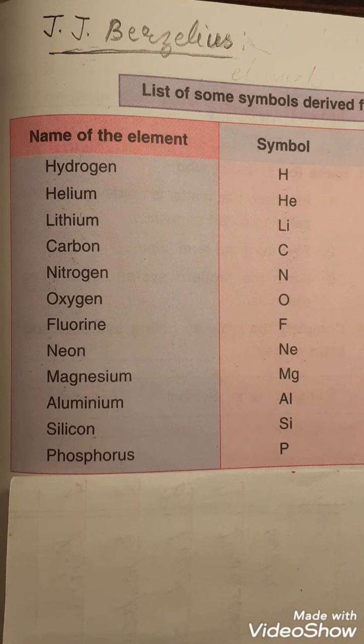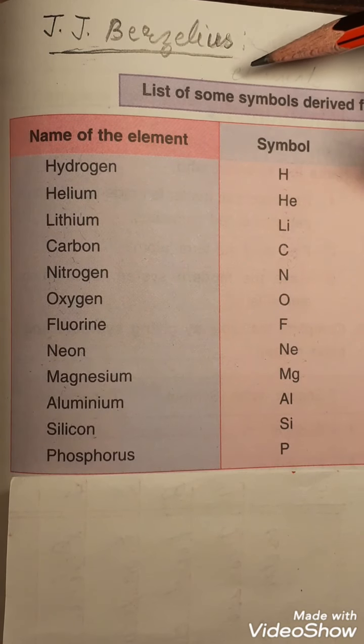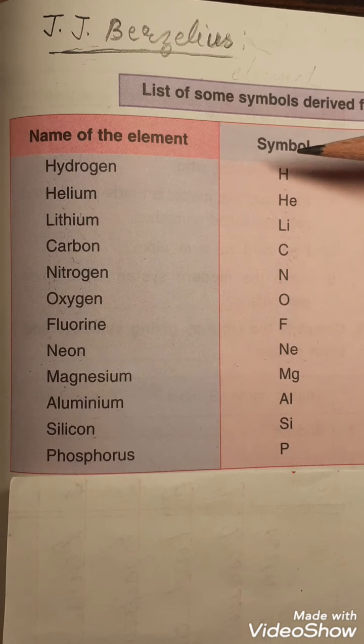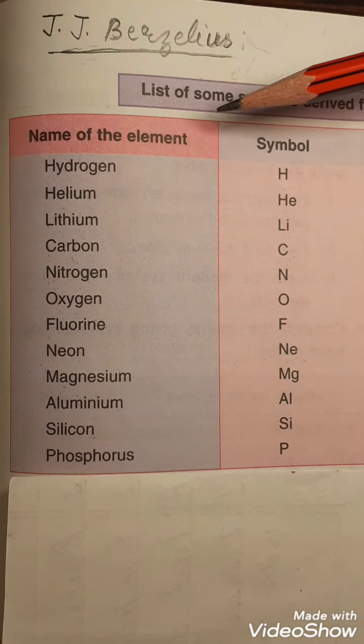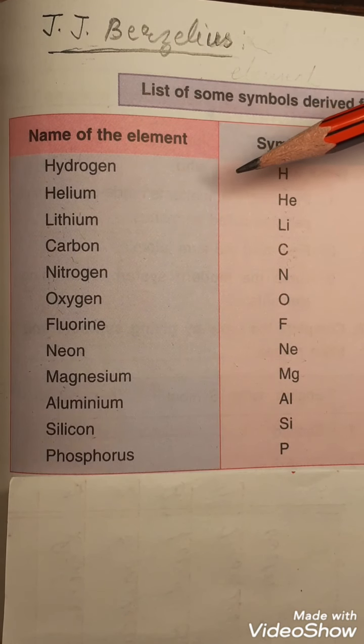Students, later on, J.J. Berzelius introduced the modern system of naming elements by their symbols. He suggested a few rules for writing the symbols of the elements. The first rule was some elements were named on the basis of their starting letters.